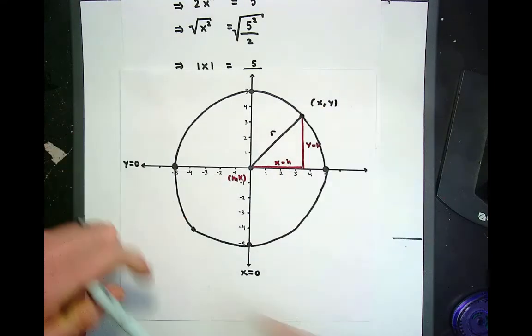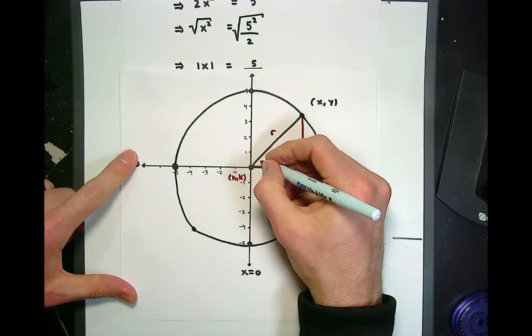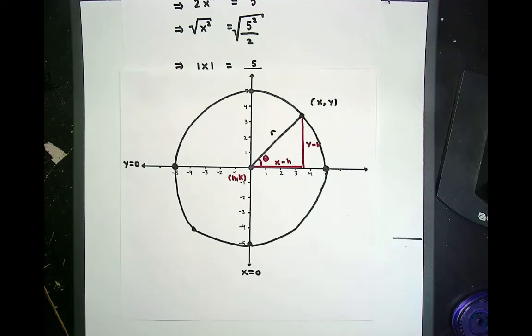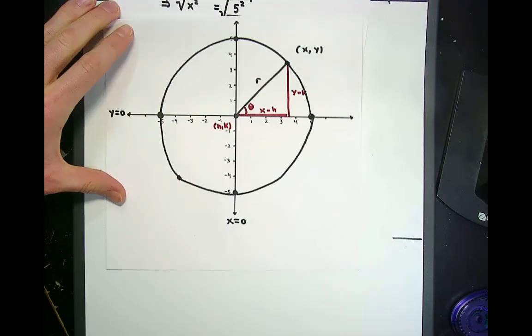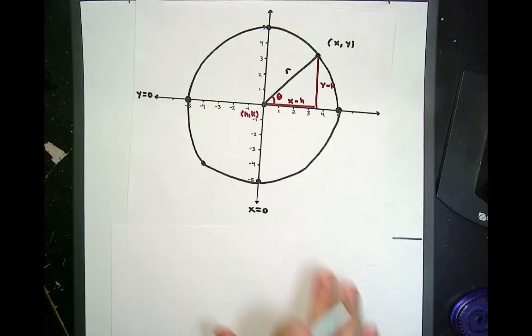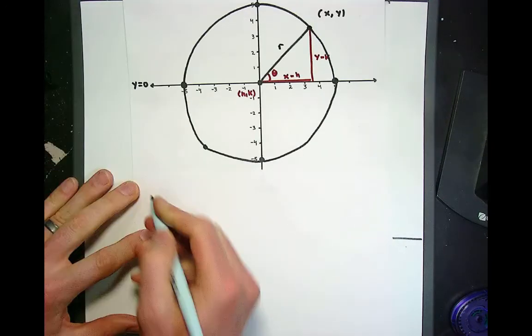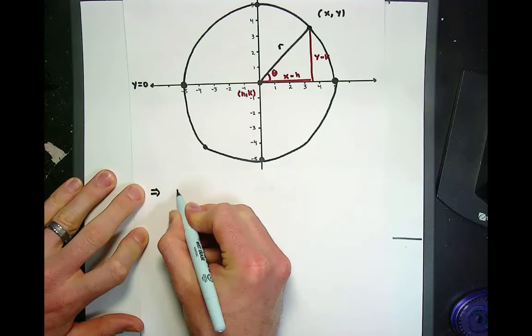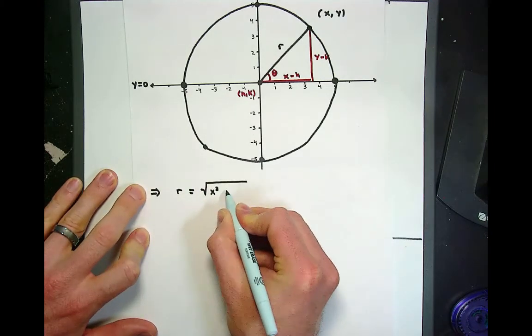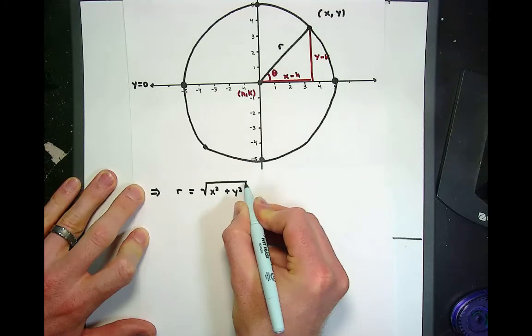When we look at this, there are kind of two different things that we can look at. When we look at the value of r here, we notice that we can write r as the square root of x squared plus y squared.